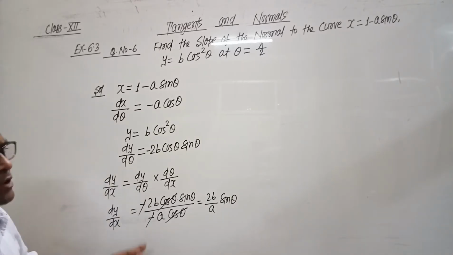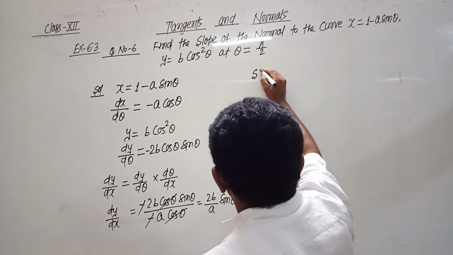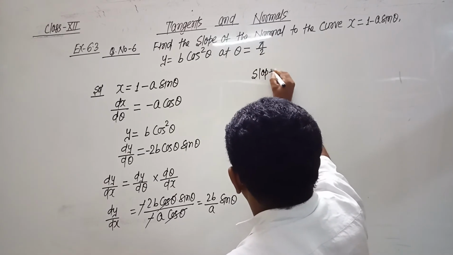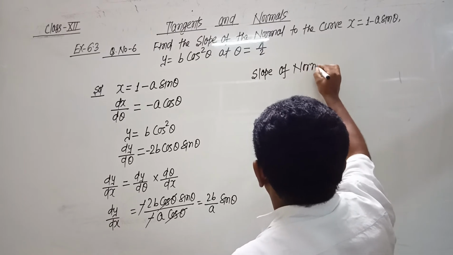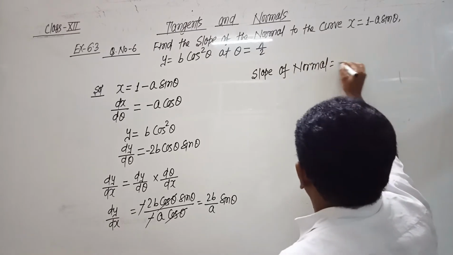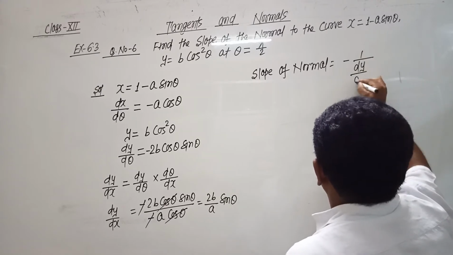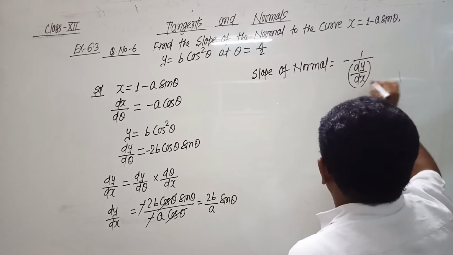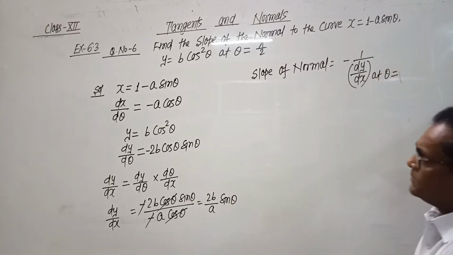This is the slope of the tangent, and we know that the slope of the normal is given by minus 1 by dy by dx at theta equals pi by 2.